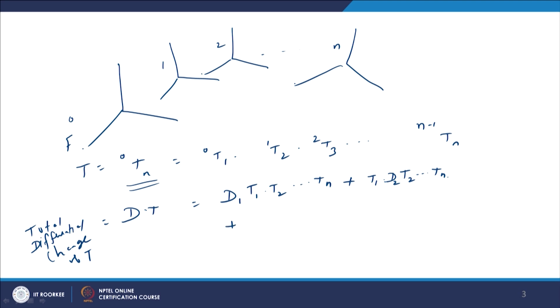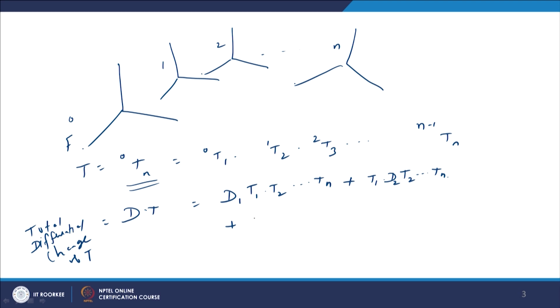Because D2 will not affect the first frame anyway, whatever changes are happening in the second frame are not going to affect the previous frame. A change in the second frame will affect the third frame, fourth frame, up to the nth frame only, not the previous one.